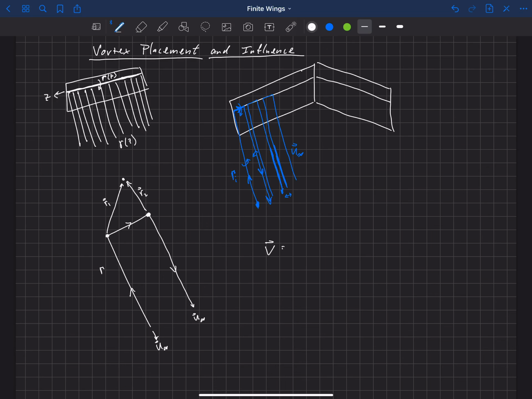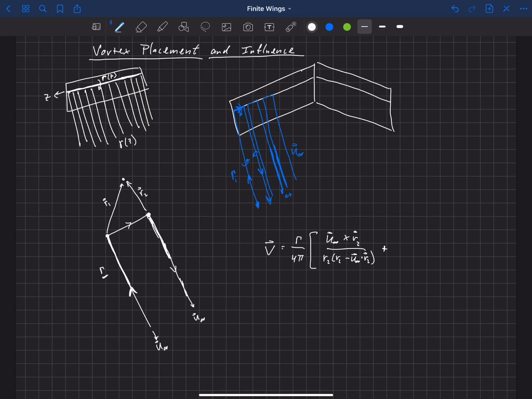So the total velocity induced on some point is going to be equal to the strength of that vortex divided by 4 pi times u infinity cross r2 over r2 times r2 minus u infinity dot r2, and then plus, okay, so this is the influence of the one trailing vortex here on the right hand side, and then we're going to add on the influence of the vorticity on the left hand side, and this actually has an opposite sign because gamma is associated with a certain direction here, right?